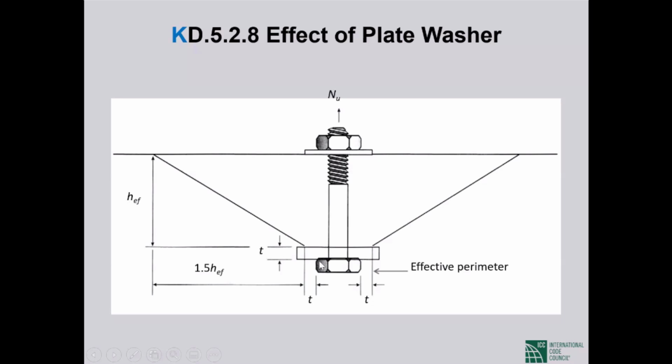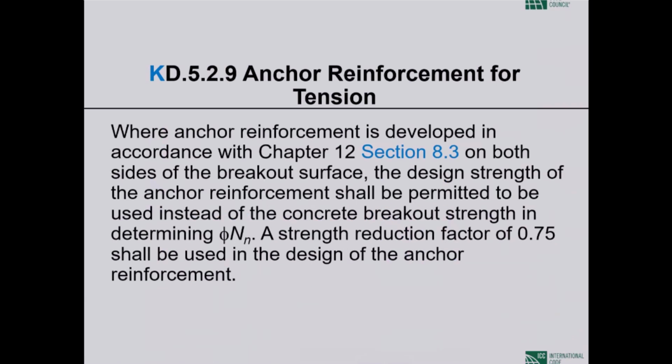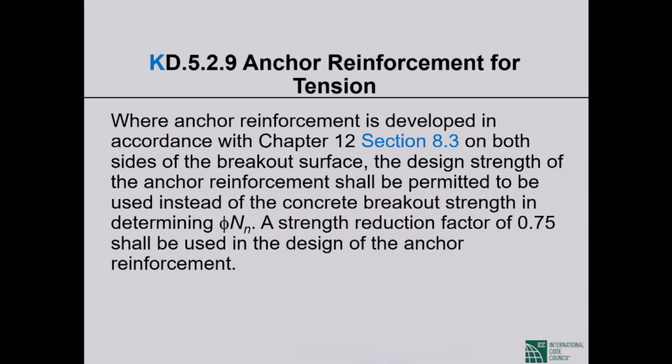The distance from the edge of the head to where you can draw your failure plane is equal to the thickness of the washer. So that may give you a somewhat larger projected area of the failure plane. That is the advantage you get out of a washer. It's typically not all that substantial, but every little bit helps.